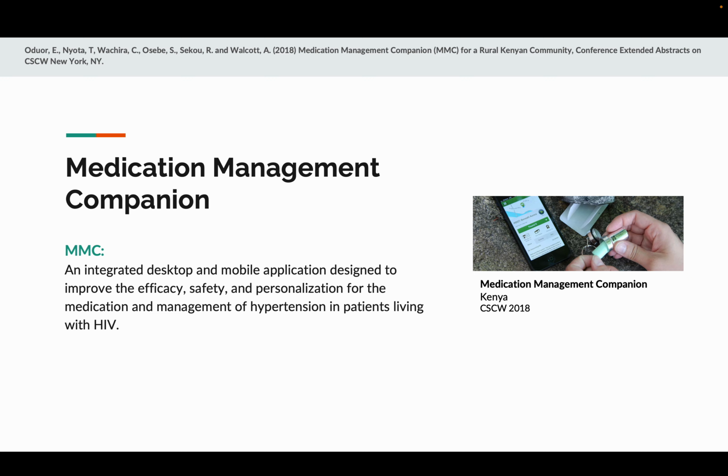Then we designed the medication management companion. What is the medication management companion? This is an integrated desktop and mobile application that is designed to help individual patients take medication, because we are looking at two sources of issues.